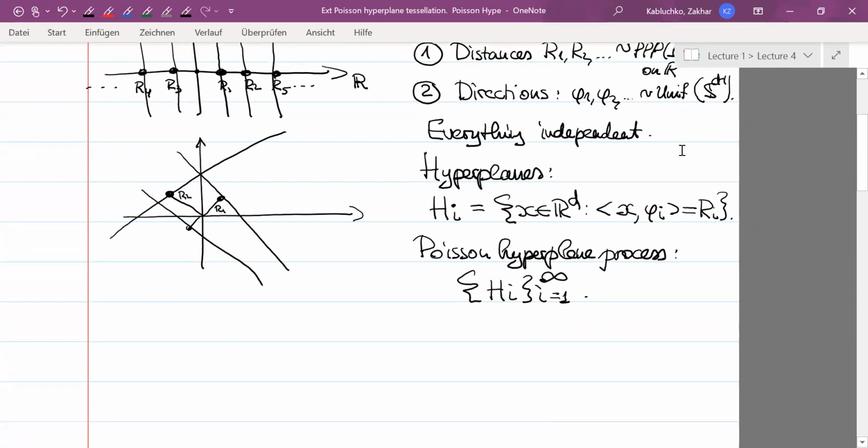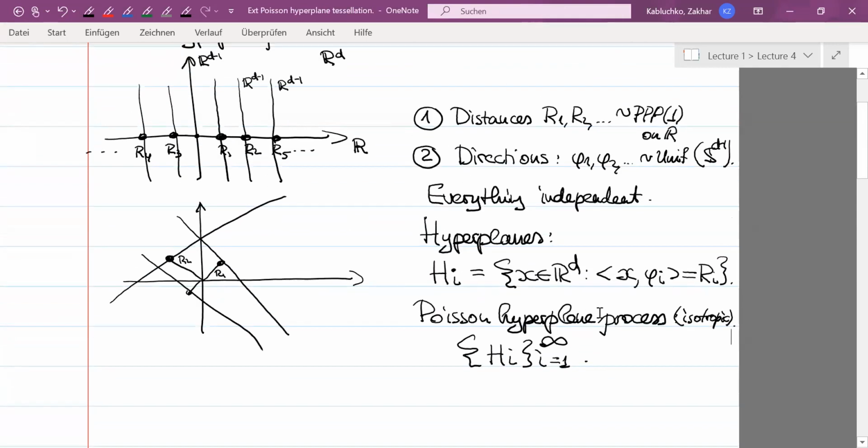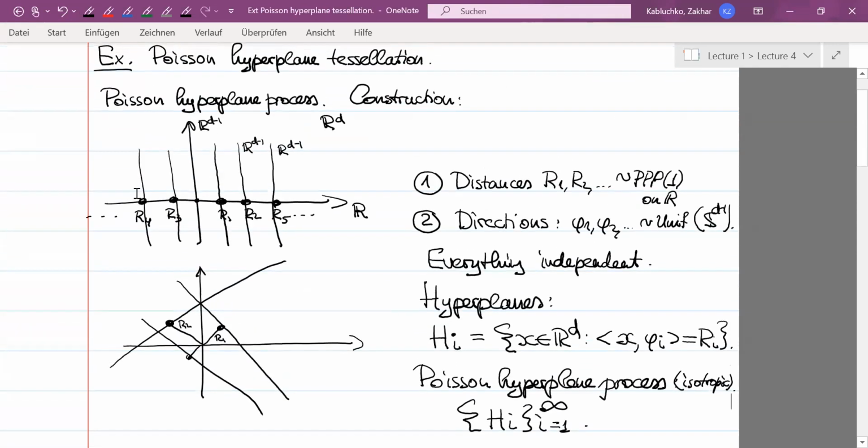So it's the Poisson hyperplane process in its isotropic version. It would be also possible to choose an arbitrary probability distribution on the unit sphere, and then we would get something which is called a non-isotropic Poisson hyperplane process. For example, this construction is a non-isotropic process in which all the planes have the same direction.